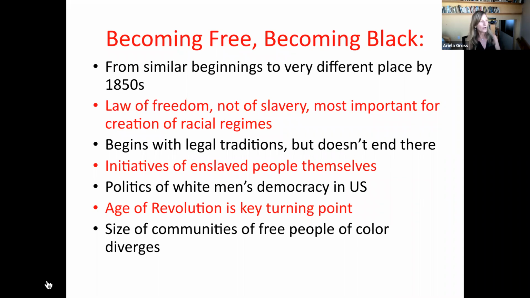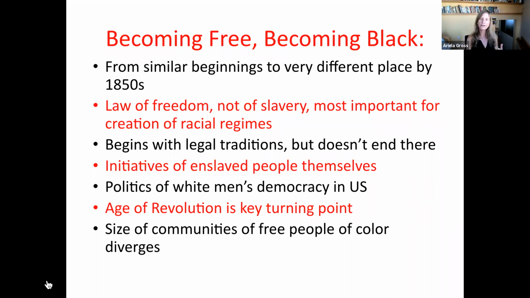Our story does begin with an important difference in the legal tradition, in particular, the fact that manumission, the right of an owner to bestow freedom on an enslaved person, is never limited in Cuba. It's never tied to race in the way it increasingly is in Virginia and Louisiana.